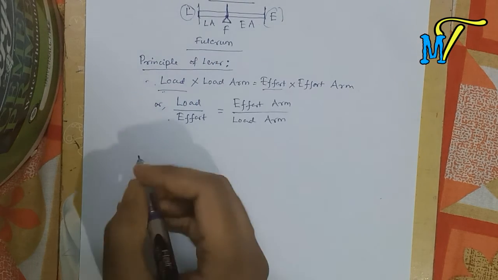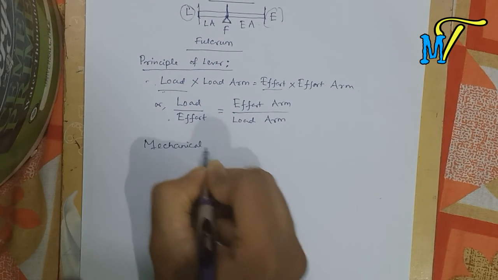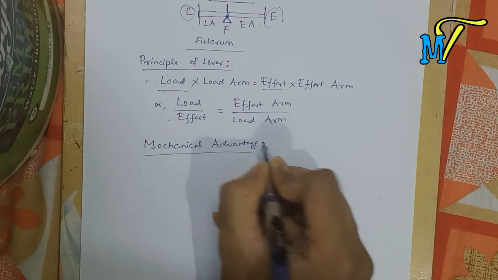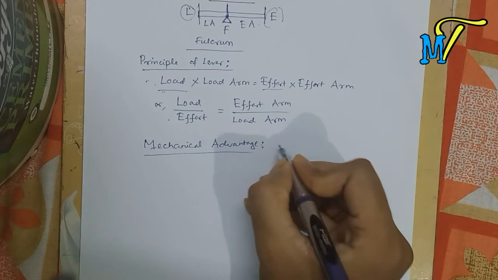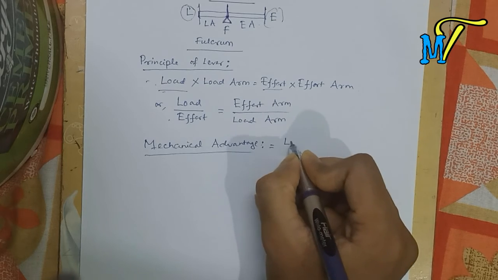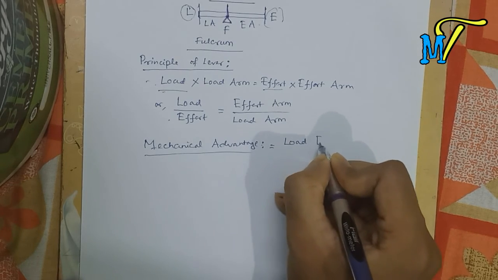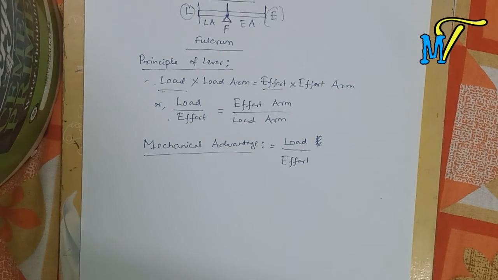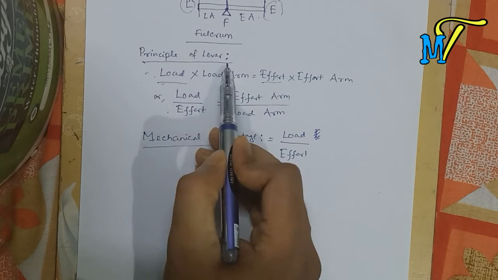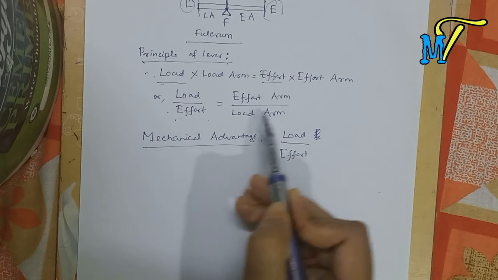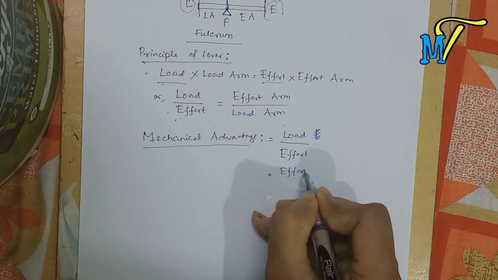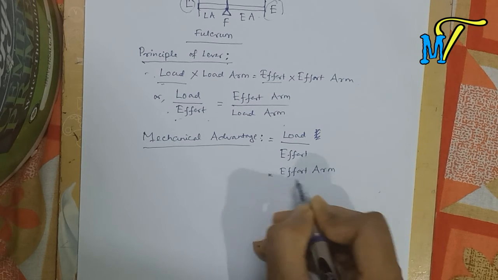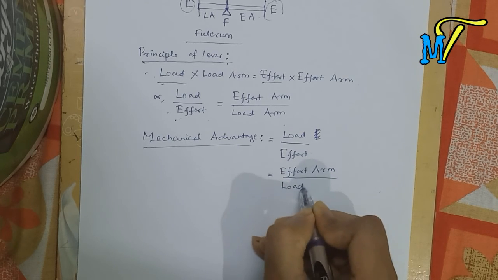Now for the lever, what is the mechanical advantage? From the previous part of this video, we have learned that mechanical advantage is load by effort. From the principle of lever, we got that load by effort is effort arm by load arm. So we can write it here as effort arm by load arm.